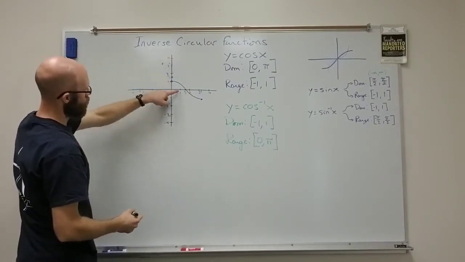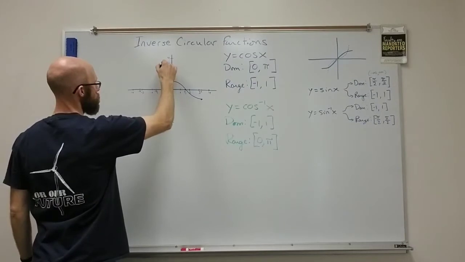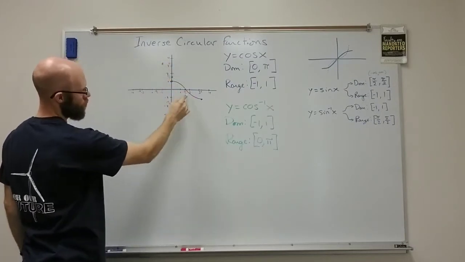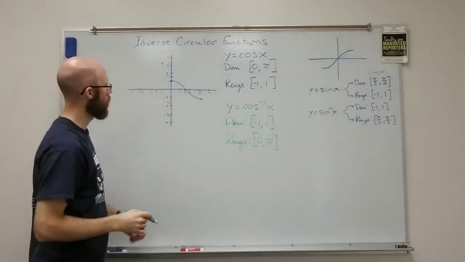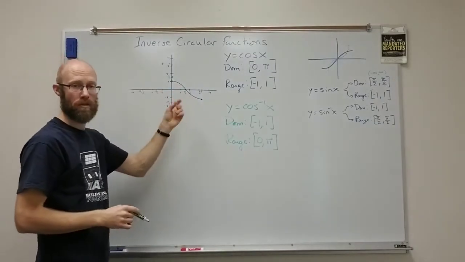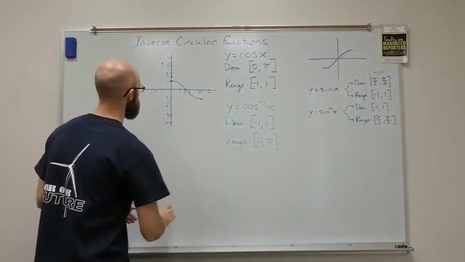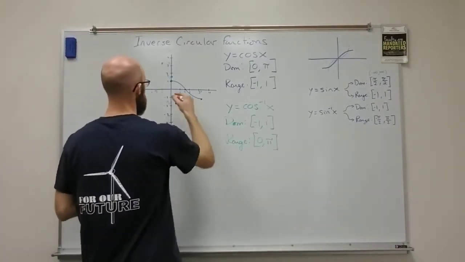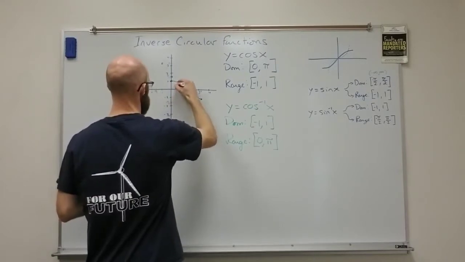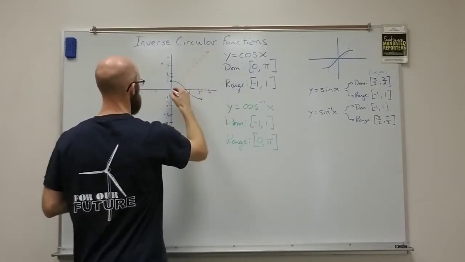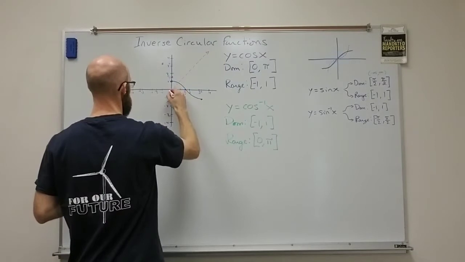And you'll see these 3 points will get a curve between them that's similar shaped to the cosine, just a reflection. And remember, the reflection needs to be across the line y equals x, which is a 45-degree angle or slope of 1.